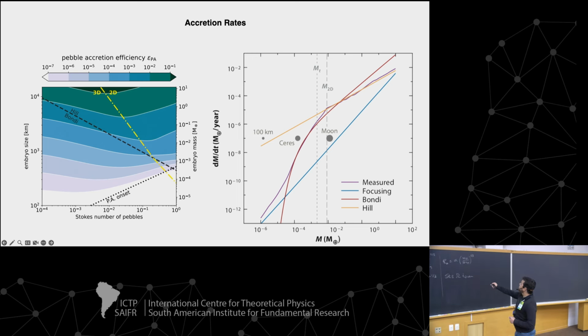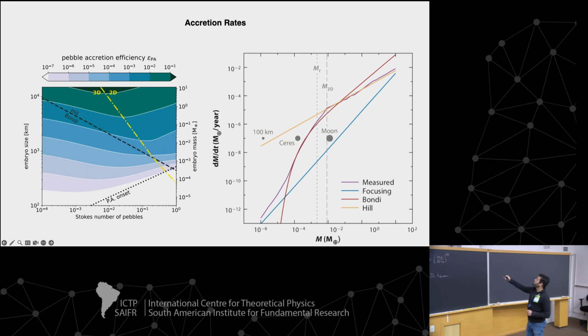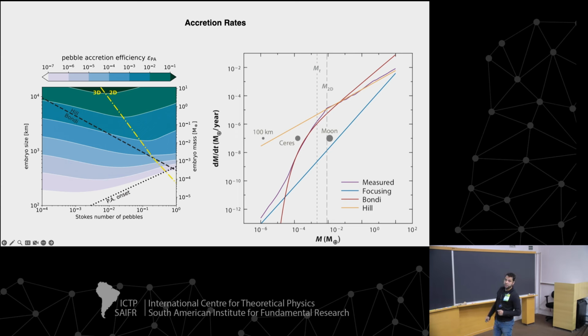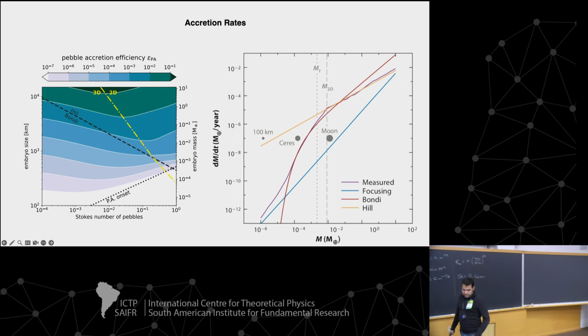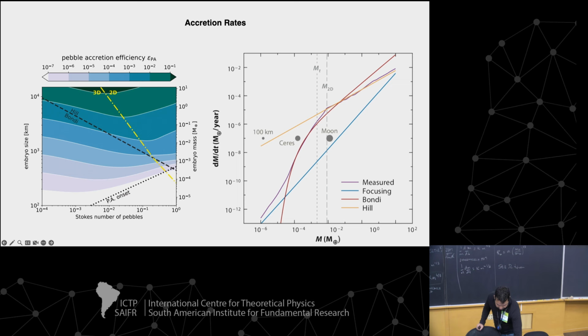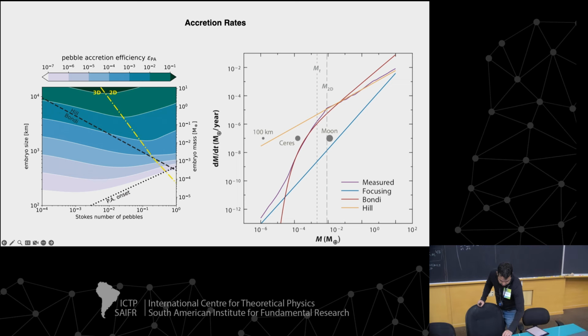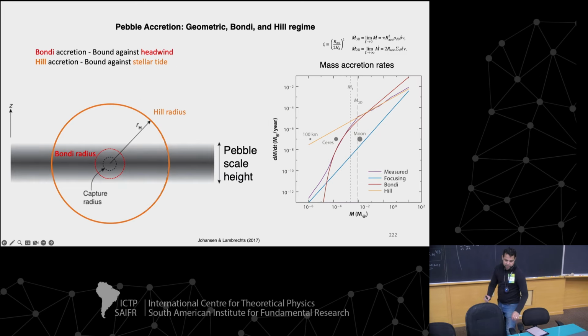As you see here, in this regime the red line is very well reproduced, and then here you pass to the Hill regime. Essentially, the transition from Bondi to Hill happens more or less at the same place as the transition from 3D to 2D accretion. And let me explain what I mean by these different regimes.